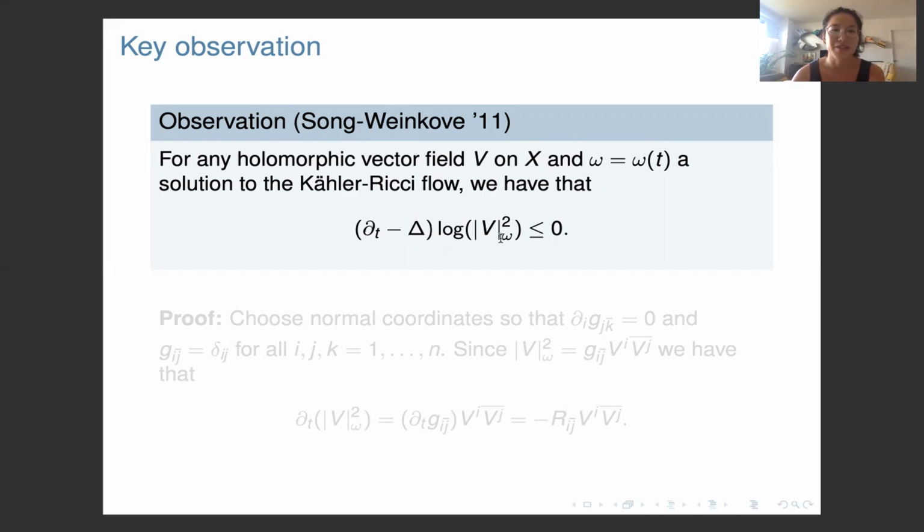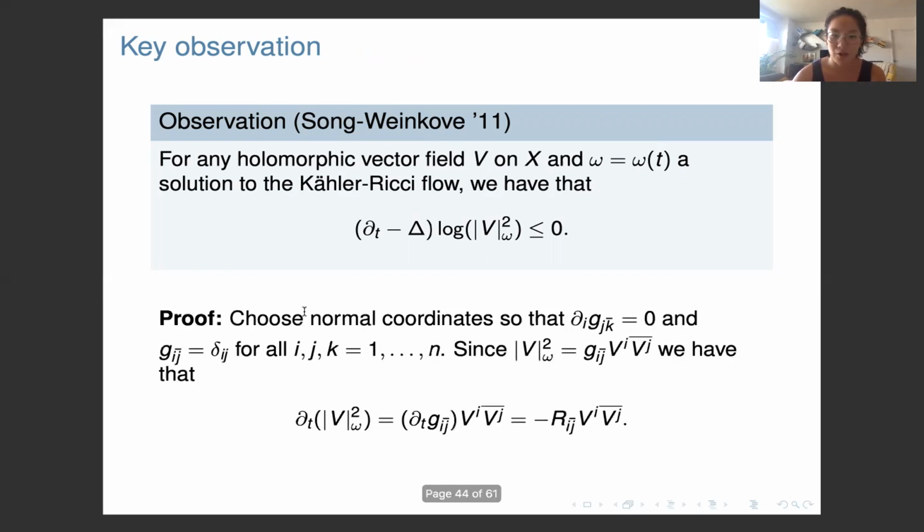The aim of the rest of this talk is to use this type of inequality, choosing very specific holomorphic vector fields, so that we can bound the metric in all of the important directions to conclude uniform estimates. So now I'm just going to prove this inequality, which is a straightforward computational task.